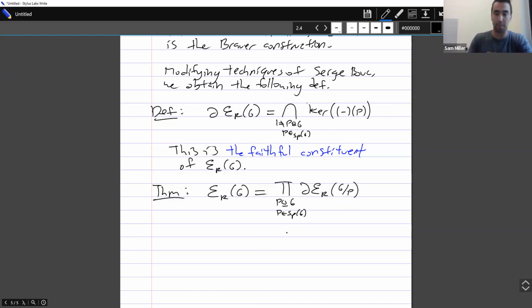And we can also say what this map explicitly is. I'll say it in the reverse direction. The forward direction is kind of ugly and involves the Mobius function over the poset of normal p-subgroups. So we'll just send all of these. First, we'll take this tuple of local endotrivial complexes. We'll first inflate them from G mod P to G. And then we'll just tensor all of them together.